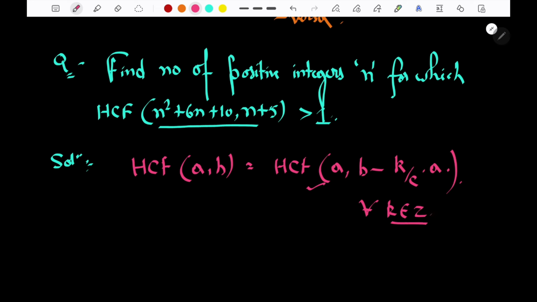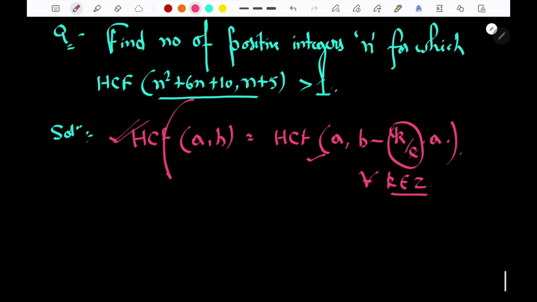We remember HCF of a comma b is also equal to HCF of a comma a plus b. This property I have already made you write in the previous lecture. So HCF of a comma b can also be written as HCF of a comma b minus a, or b minus k times a. Okay, so what is our objective?